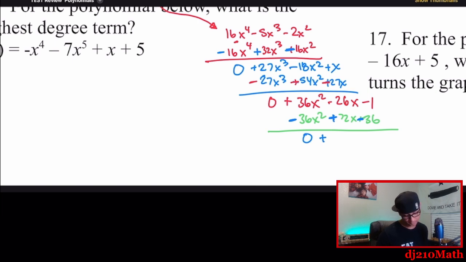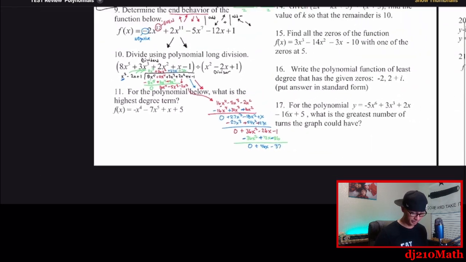Positive what? 72, 62, 52, 52 minus 6, 50 minus 4, 46. 46x. And then negative 37. All right, can't go any more, so that's the remainder.